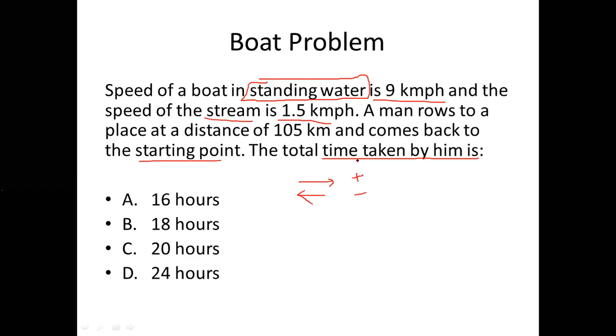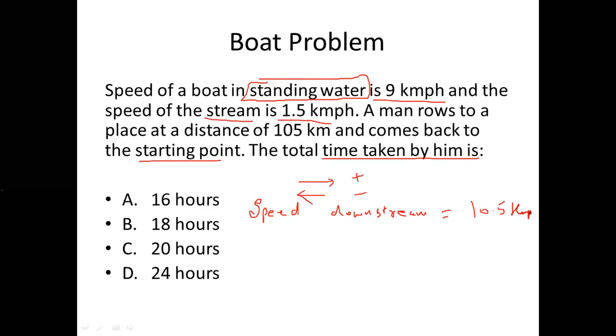The stream is given as 1.5 km per hour. So talking about the speed for downstream first of all, it will be 9 plus 1.5, which is 10.5.